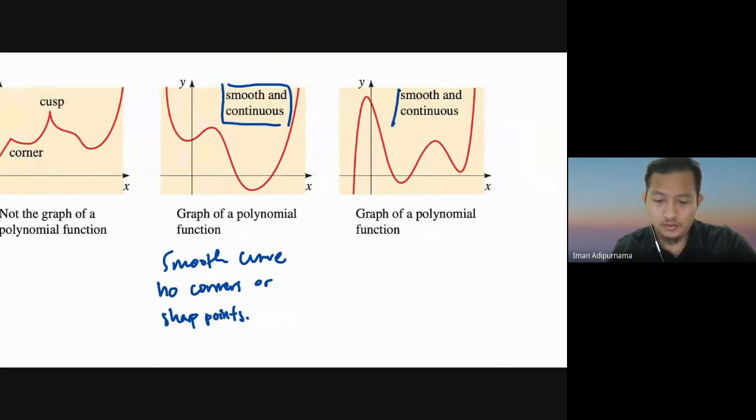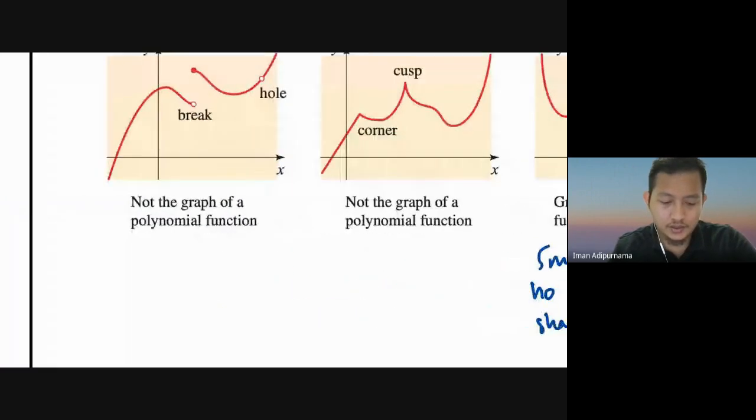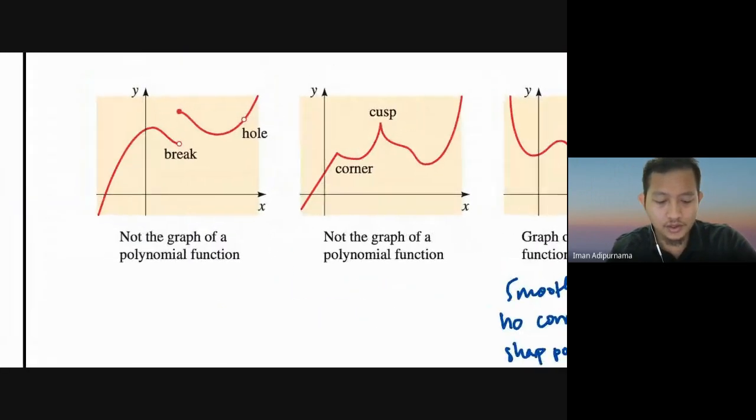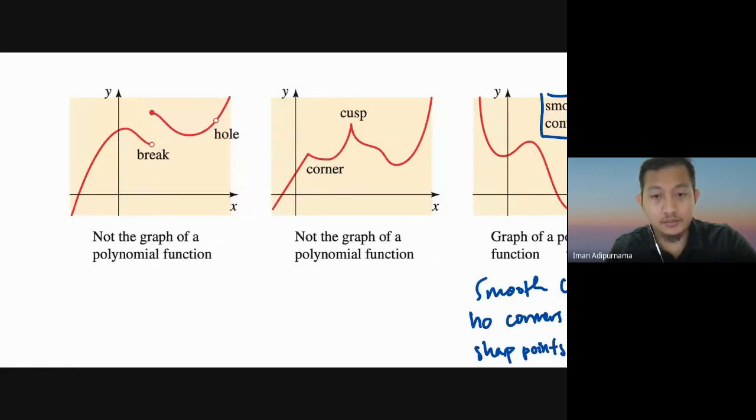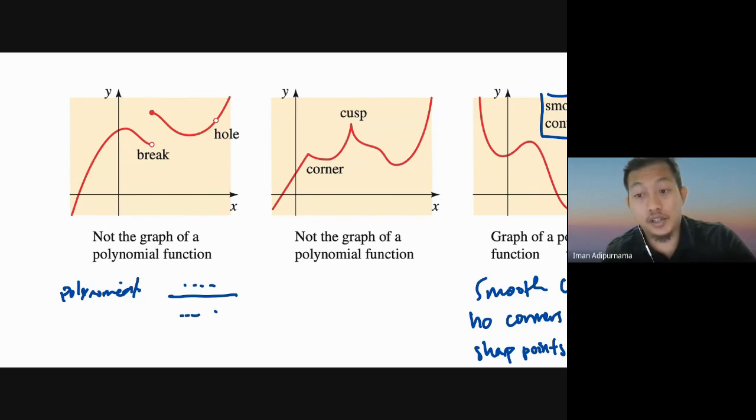So these two are polynomial functions. If you look at this graph here, this is certainly not a polynomial function. Maybe it's a polynomial mixed with other functions, for example a piecewise defined function, or a polynomial with other equations that becomes a rational function.